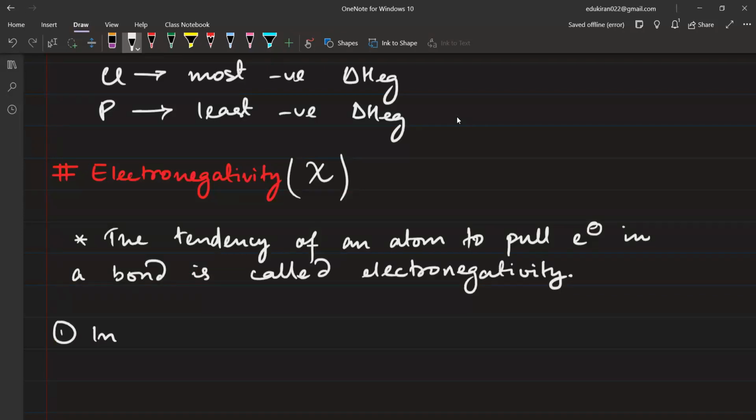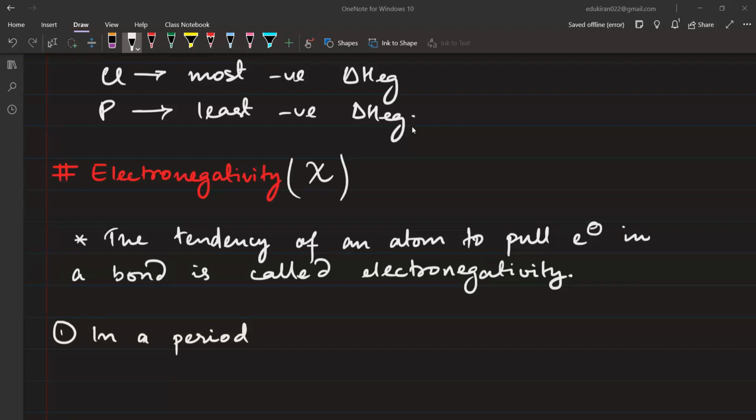If I look at the trends, it's very easy. Electronegativity is almost similar to the electron gain enthalpy, but electron gain enthalpy is for non-metals and ionic molecules because it is accepting electrons. But what electronegativity tells is, if that atom is having a bond, then how effectively it can pull electrons.